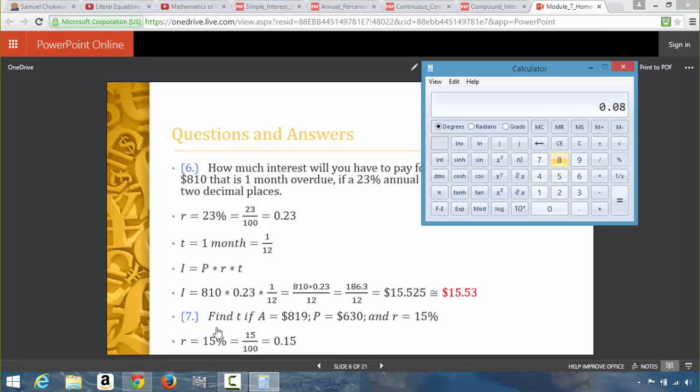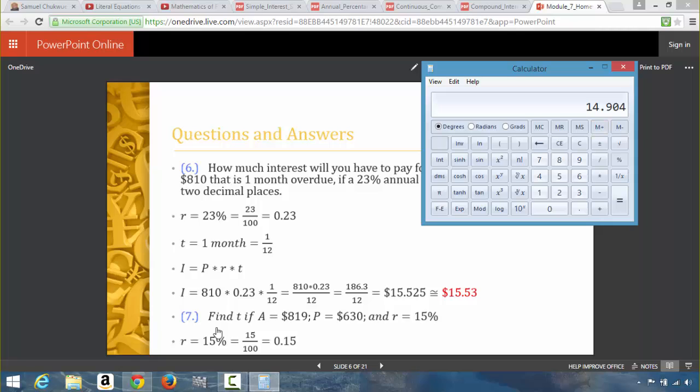We have mentioned it in the previous videos. Do not approximate until the final answer. So, assuming you approximate to this 0.08, then you do times 0.23 times 810. So you see, you get a different answer and you get it wrong.